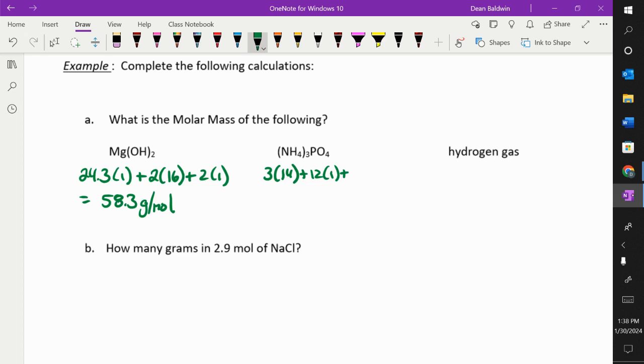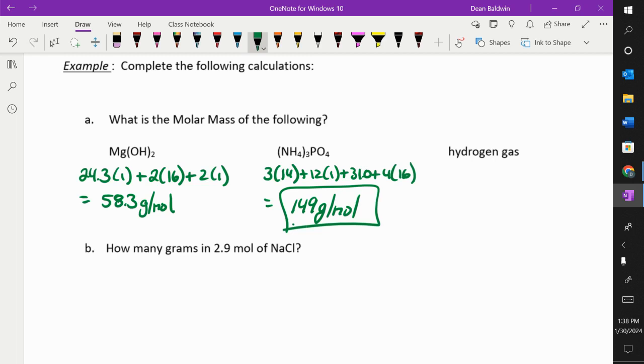There's 1, and it's 31. And there's 4 oxygens, which are 16 each. You should get 149. Is that right? Tell me if I'm wrong. Do people agree with me?